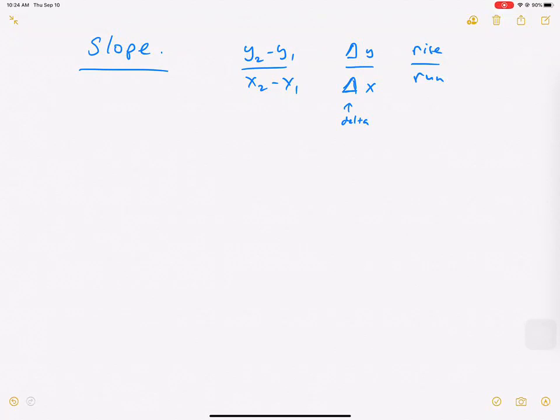But we're also going to apply this to the idea of average rate of change. So let me first take a look here and give you guys 2 points. Let's pick the points 1, 2, and 2, 4.